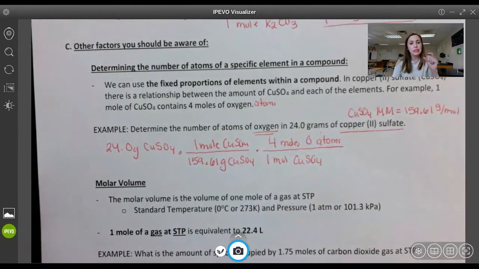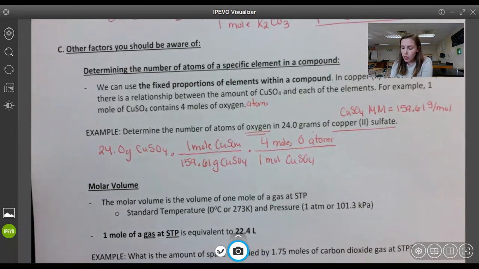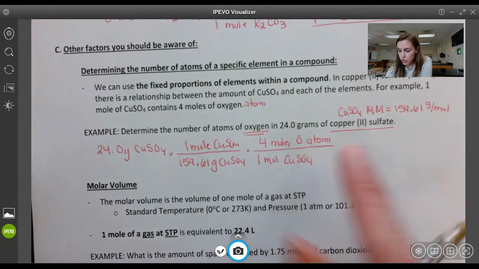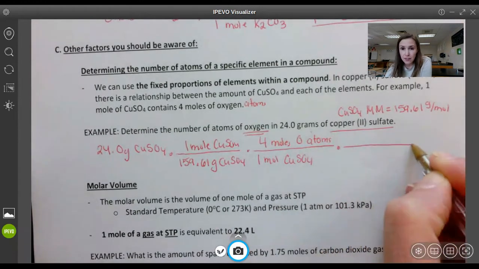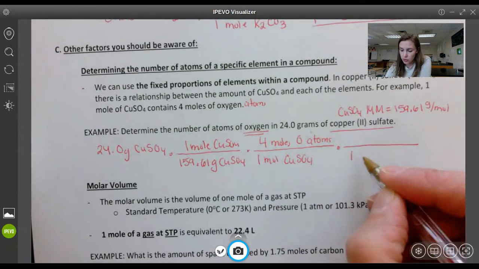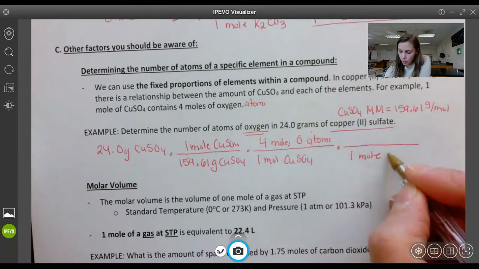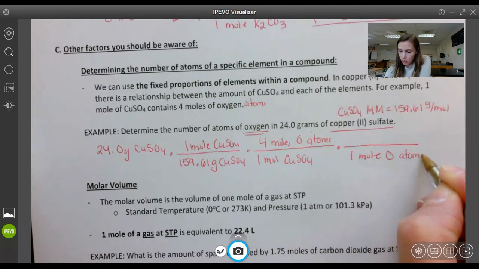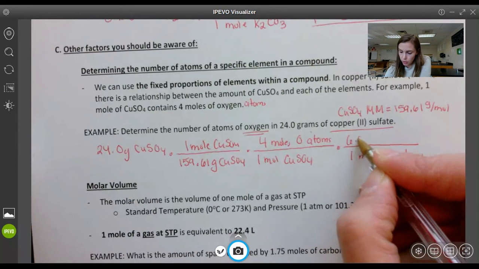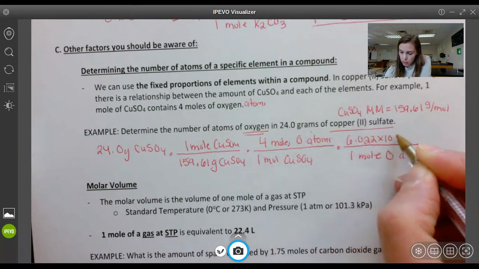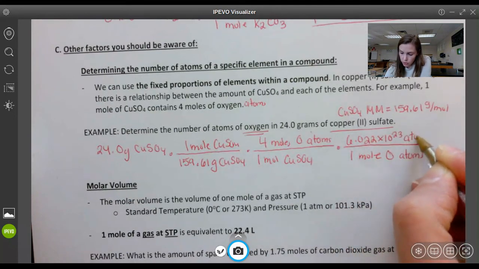That's a relationship within that compound based on that fixed ratio. Now that I'm in moles of oxygen atoms, I can go to how many individual atoms I have, and that's using Avogadro's number. For every 1 mole of oxygen atoms, I'm going to have 6.022 times 10 to the 23rd atoms of oxygen.